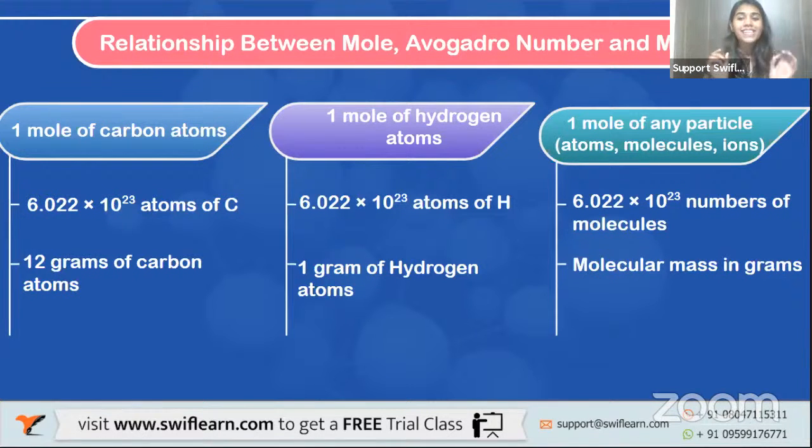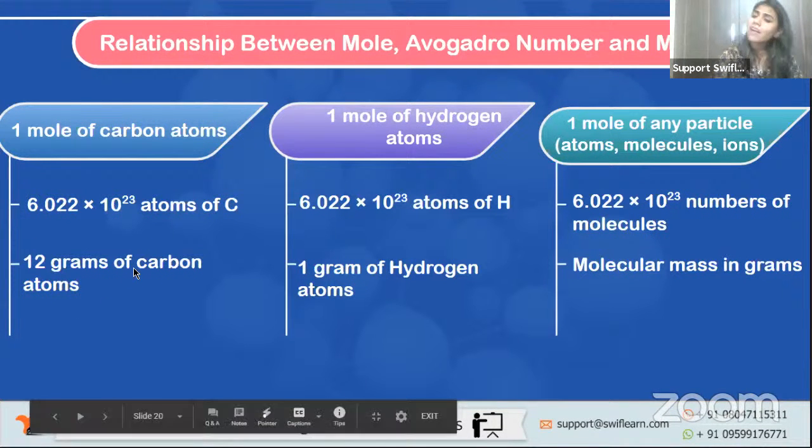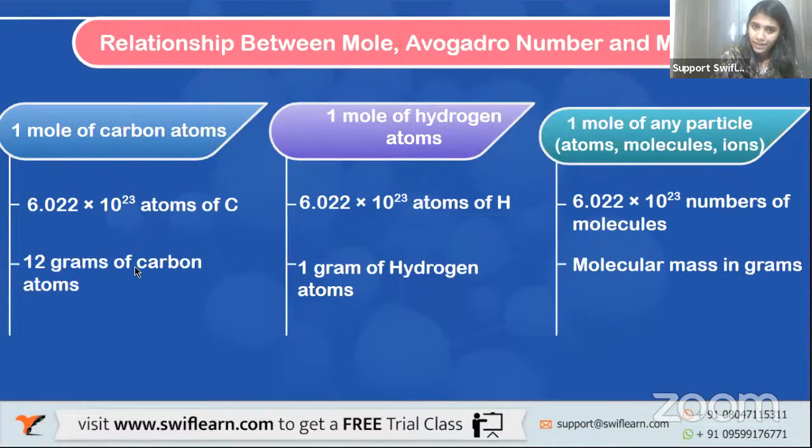But as I said earlier, the mass will differ because the mass of carbon and the mass of hydrogen are completely different, right? So 1 mole of carbon atoms has 12 grams of carbon in it, whereas 1 mole of hydrogen has 1 gram of hydrogen atoms in it.